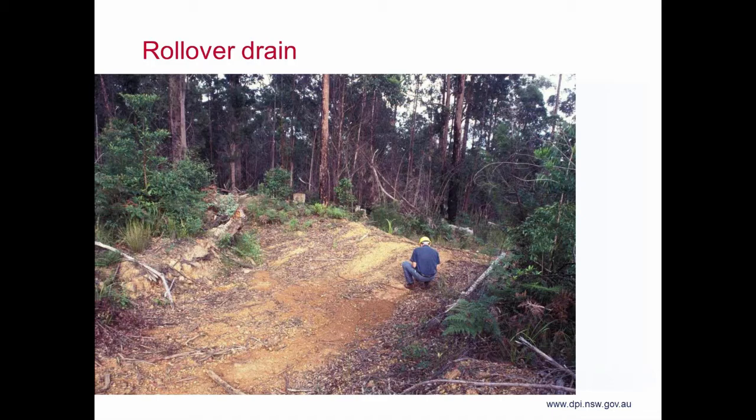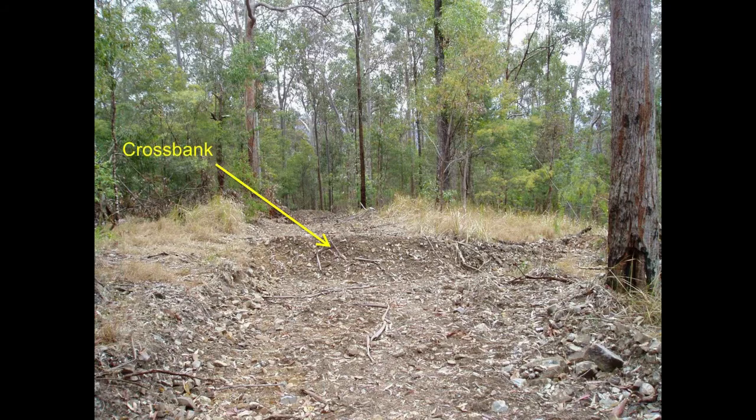In the next slide, another type of drain that's popped up now for you is a crossbank. These are typically used effectively on temporary tracks, those that have been closed. In this case, it's a snig track or a skid trail that's been used for forest harvesting, and they're a very effective method of draining that road, between the use of that road and the next time it needs to be used, to prevent erosion of its surface.